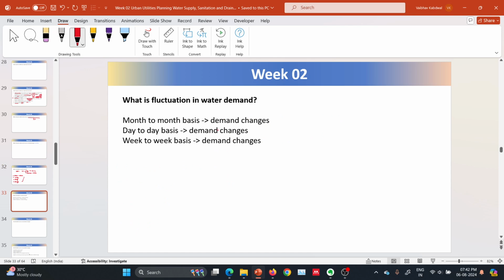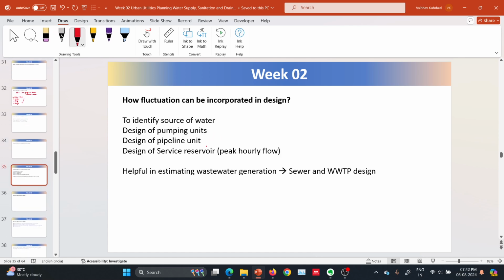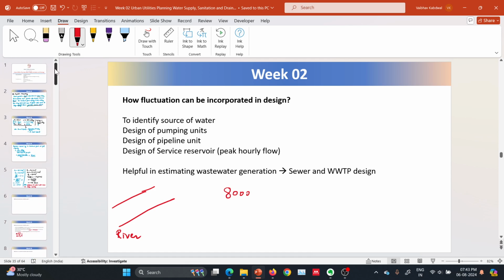This change is called fluctuation, and how this fluctuation is incorporated into the design and why it is useful. Suppose, let's take a river. Let's take the example of the first question.